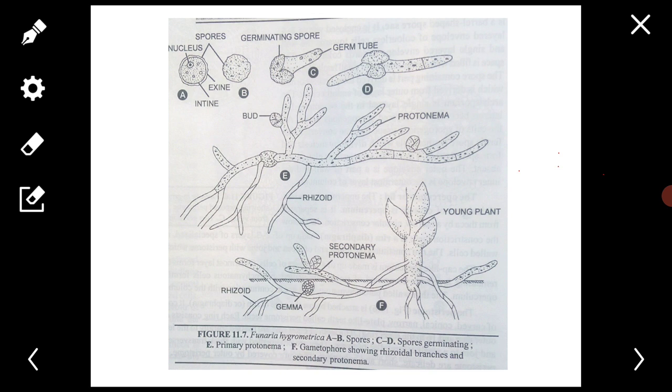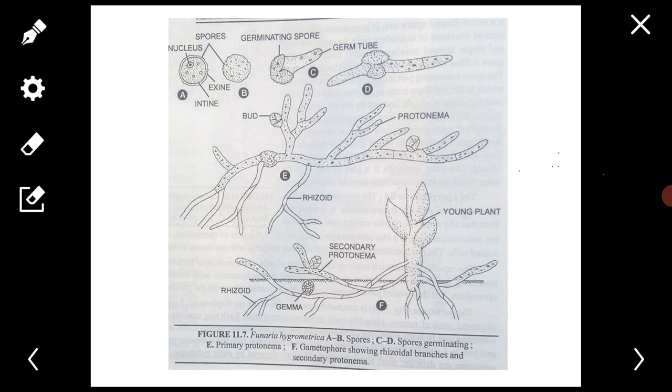The terminal cell of filamentous protonema may develop small bud-like structures called the gemmae. The gemmae consist of thin walled cells filled with chloroplasts. As soon as these gemmae detach from the filaments, they develop into a new plant.